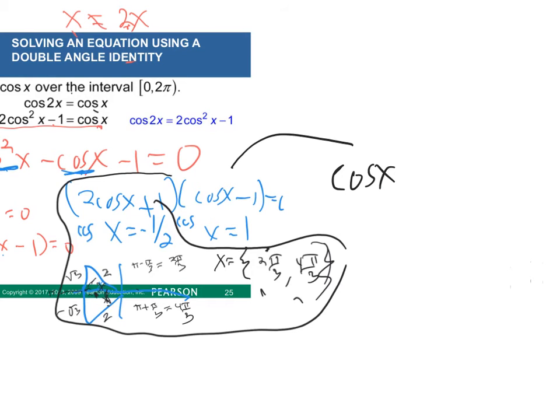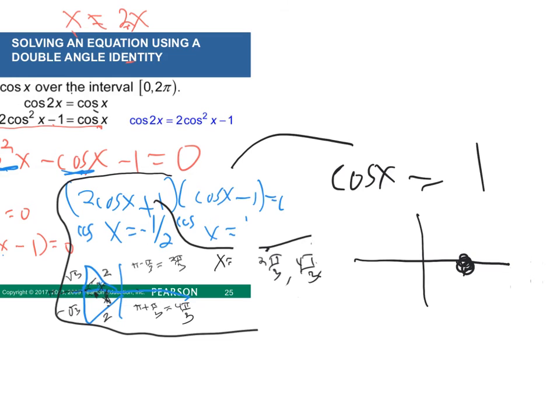Cosine of x equals 1 happens where? Right here. It's the only place. 0 radians. So let me adjust my solution set and squeeze in the 0, comma, 2 pi over 3 and 4 pi over 3.